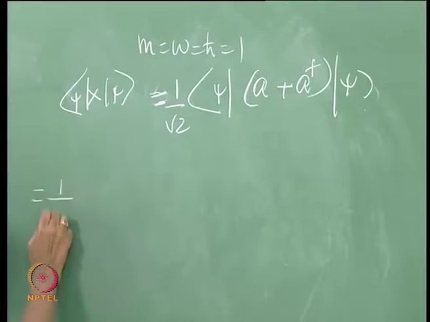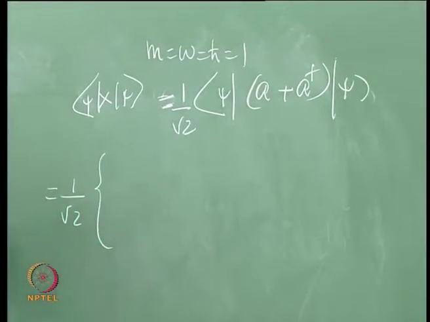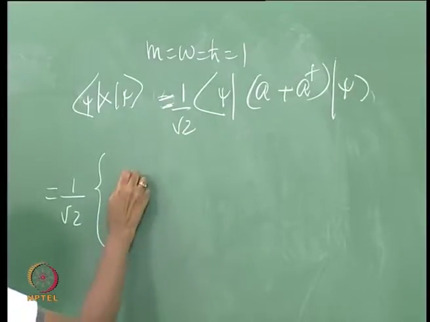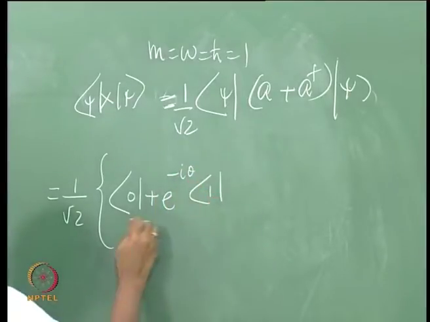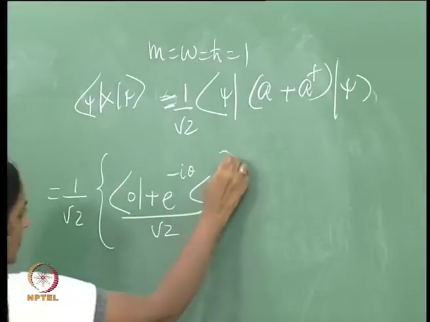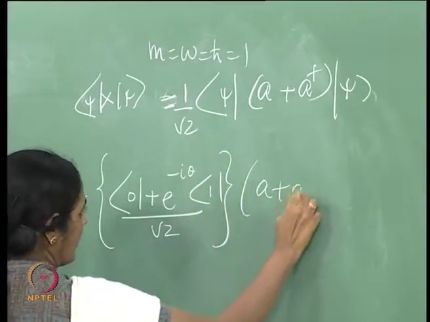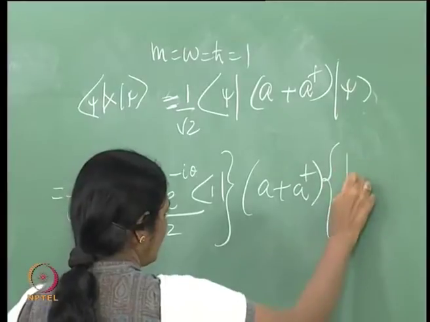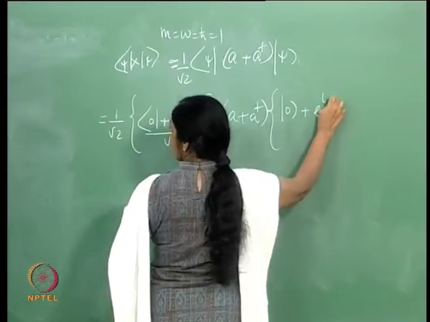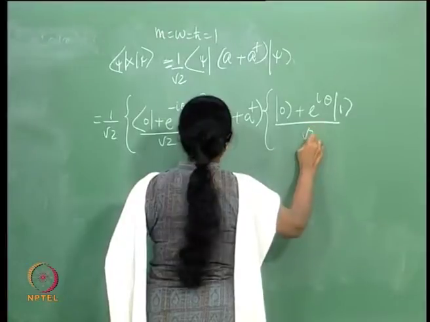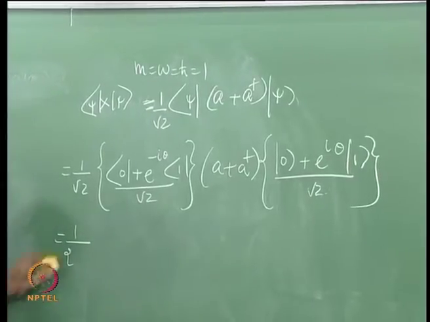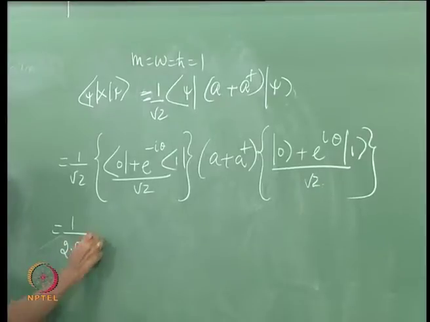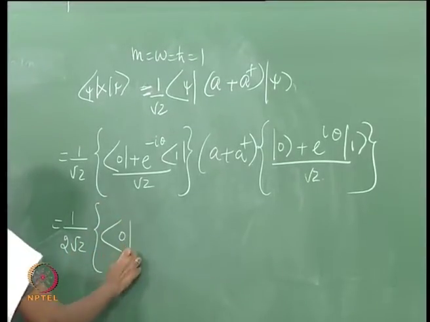But that object is the same as 1 by root 2 (bra 0 plus e to the minus i theta bra 1) by root 2, times (a plus a dagger), times (ket 0 plus e to the i theta ket 1) by root 2. And that gives me 1 by 2 root 2, and I have to compute this.